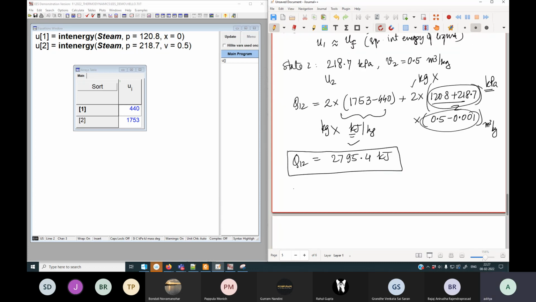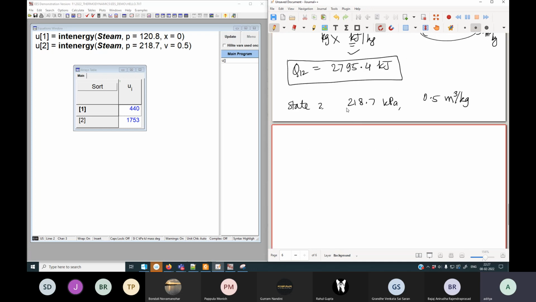So state 2 is 218.7 kilopascal and 0.5 meter cube per kg. First, at 218.7 kPa, is v2 less than vg or greater than vg?